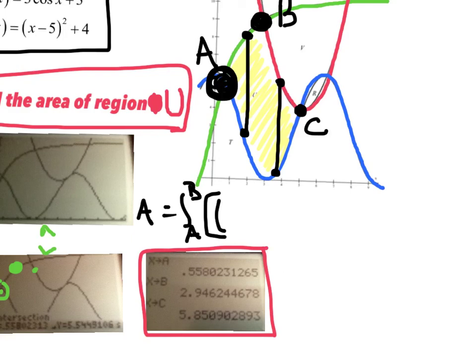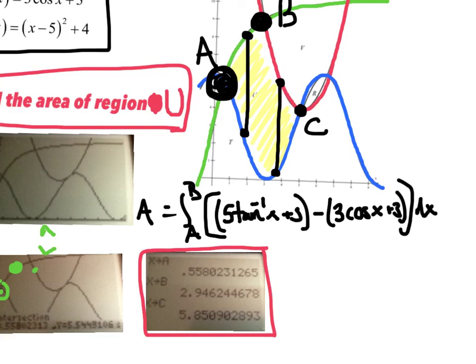So I think that was 5 tan inverse of x plus 3, minus my blue graph, which is my cosine graph, 3 cosine of x plus 3, dx.